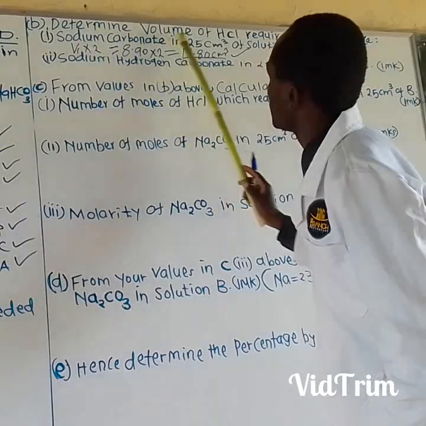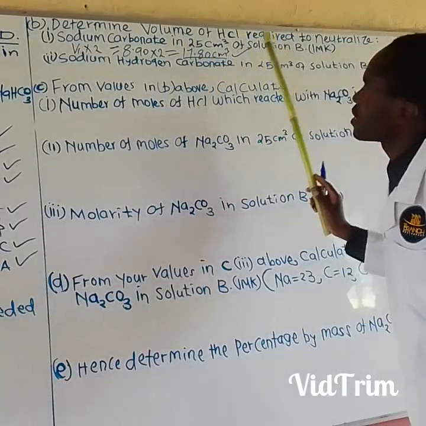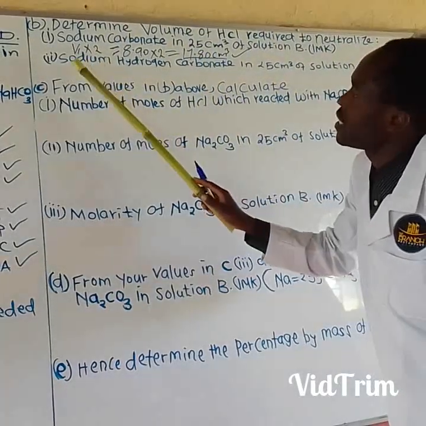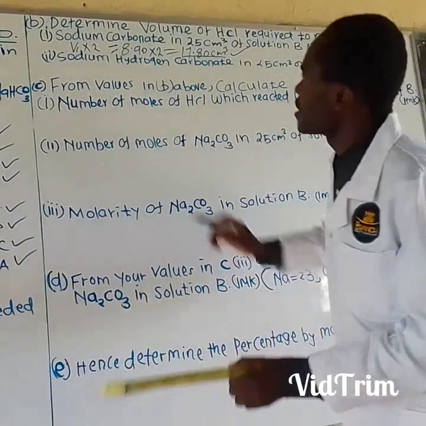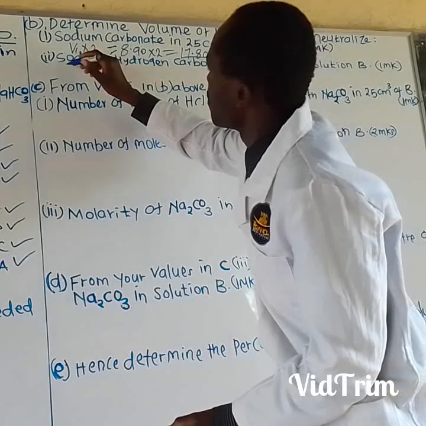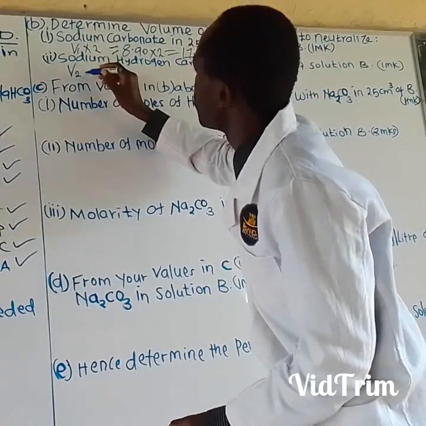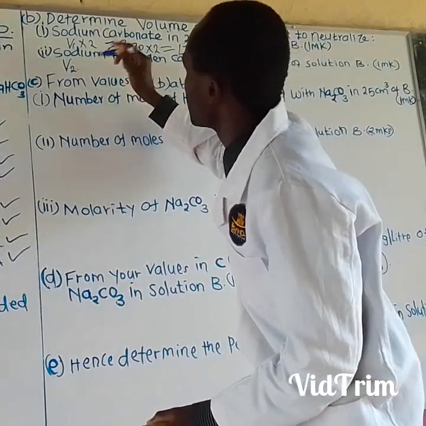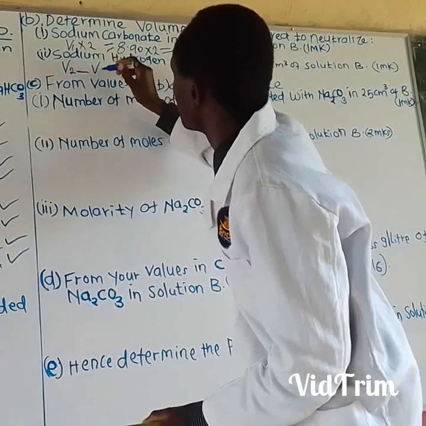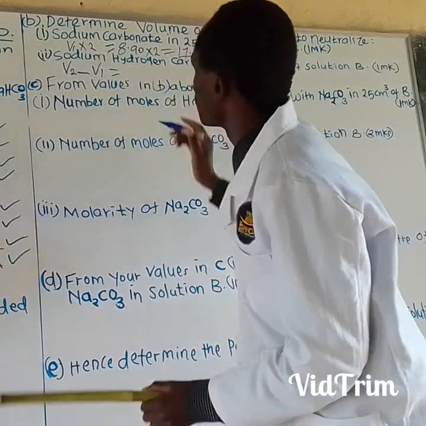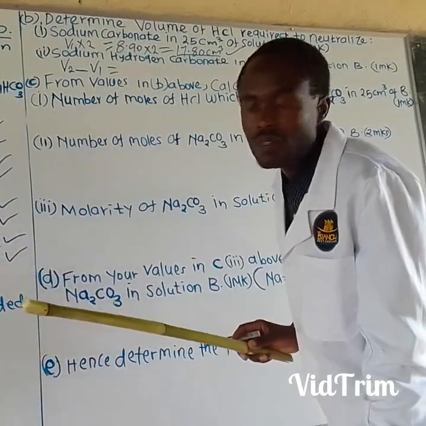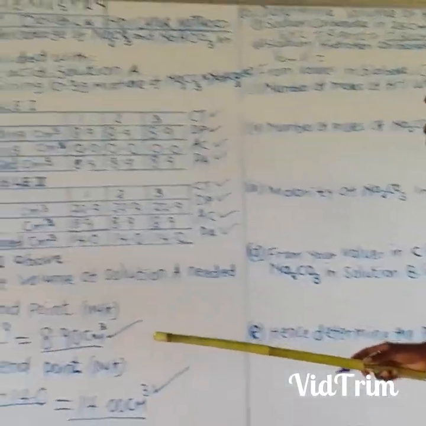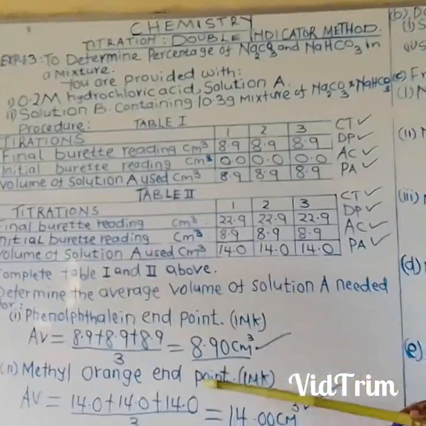you have to determine also the volume of hydrochloric acid required to neutralize sodium hydrogen carbonate. So in this case, you take V2 minus V1. So what is V2? What is V2? I can take you back here slowly, my student.